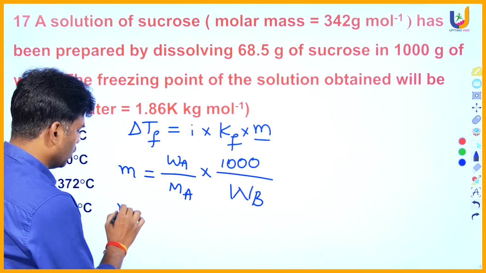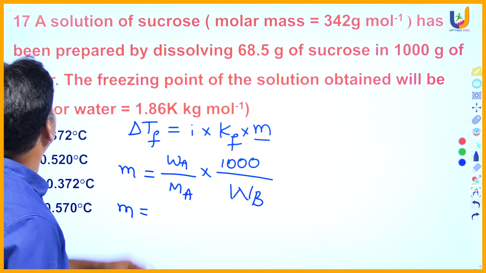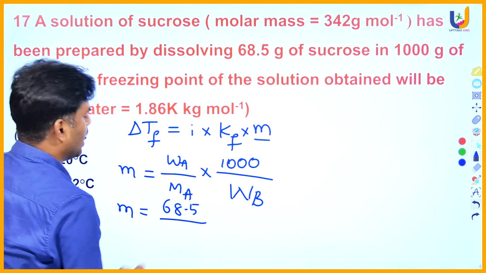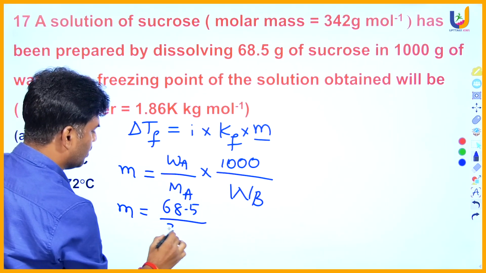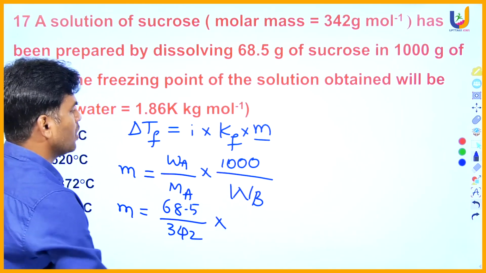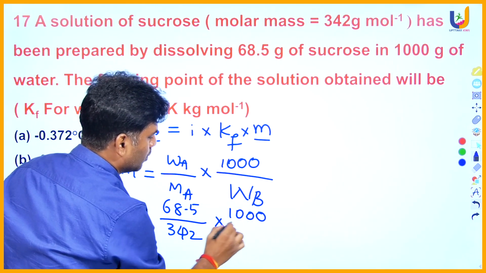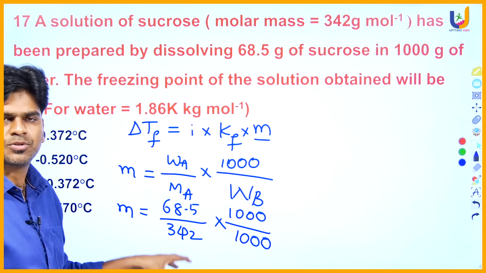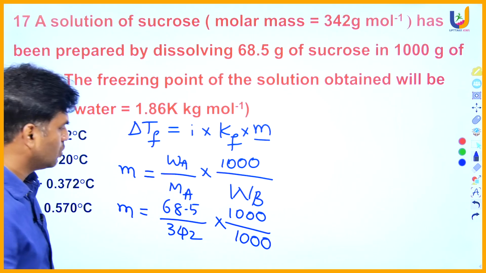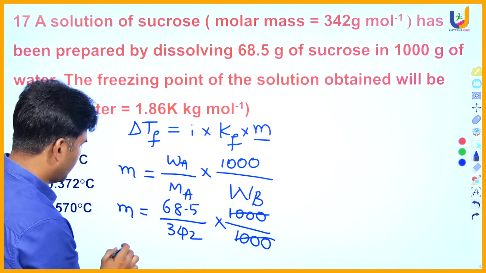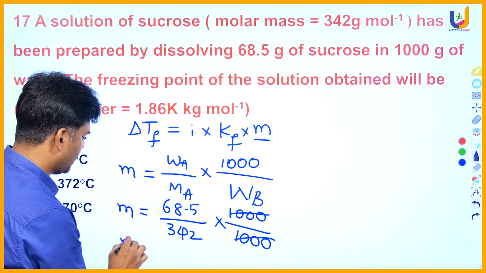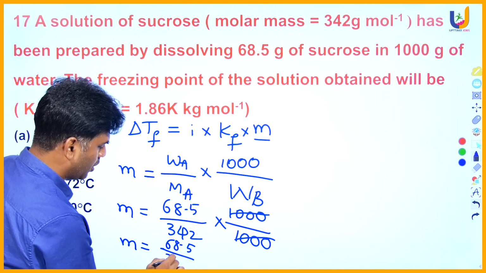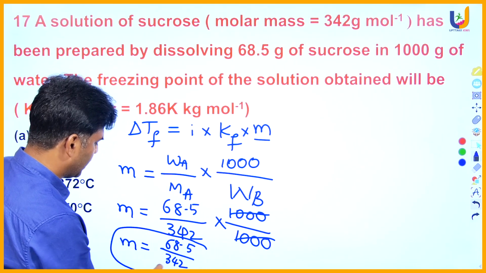Substituting the given values, m is equal to 68.5 by 342, into 1000 by 1000. The 1000 and 1000 get cancelled. Finally, molality m is equal to 68.5 by 342.